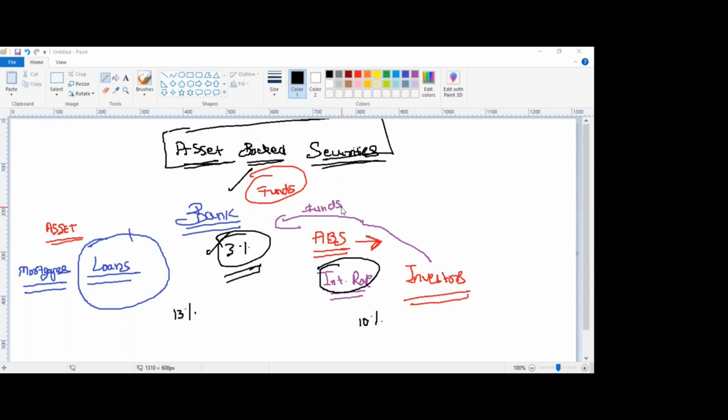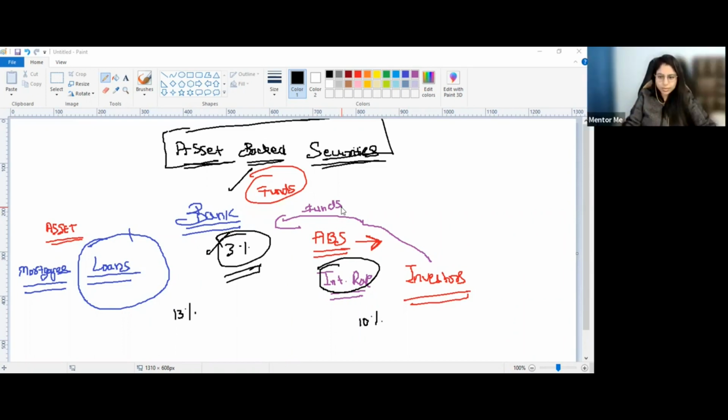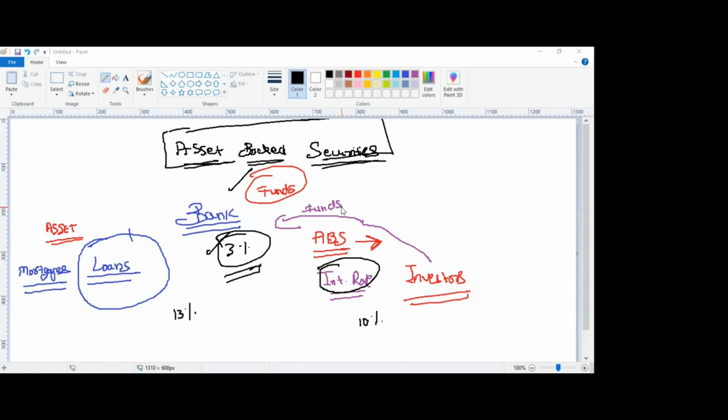Okay, so that was briefly about asset backed securities. Ma'am, once the bank gives the people loans for buying houses, so what is the case for mortgages? How does that fit in here?